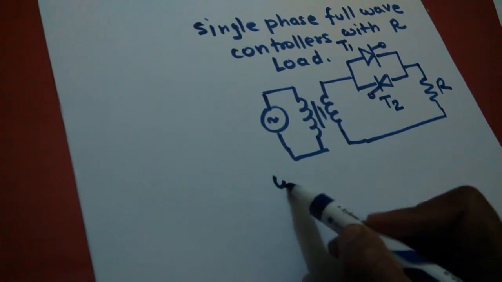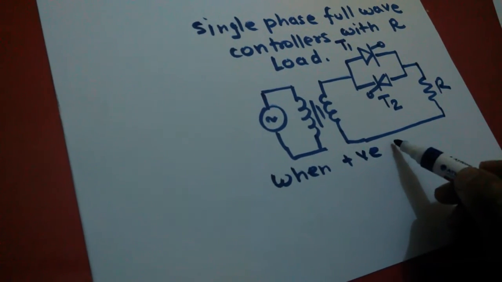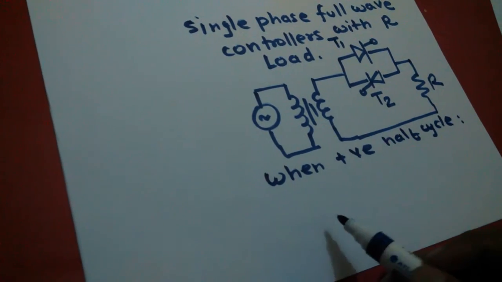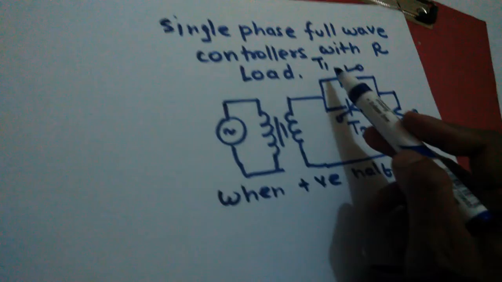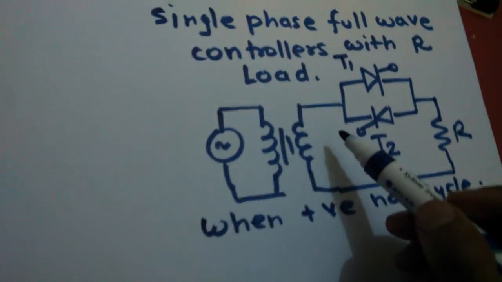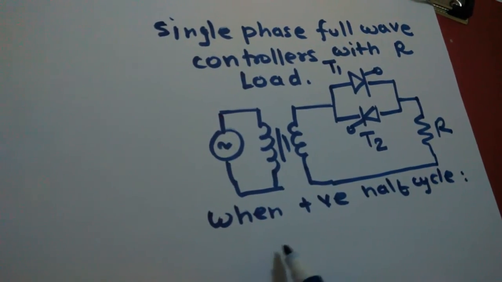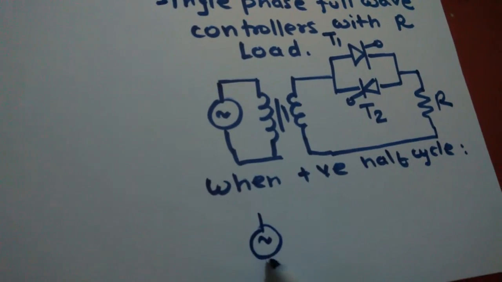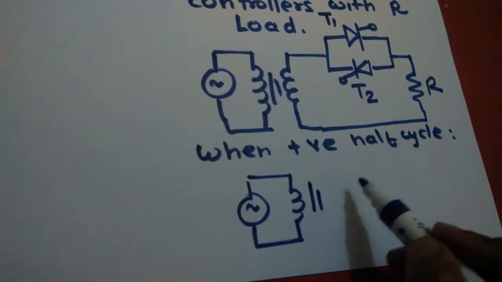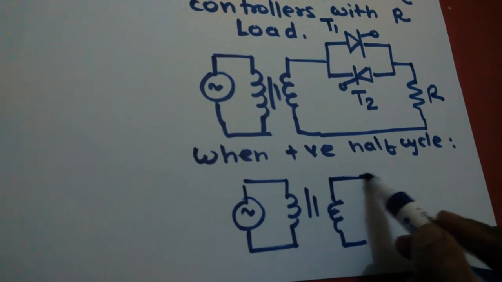So when positive half supply is provided, in this case the thyristor T1 will conduct with firing angle alpha. So the current flows from the resistive load through the thyristor T1. So we will make another switching diagram here which represents the conducting of the thyristor T1 and where load current flows.